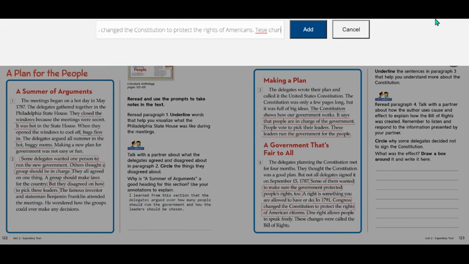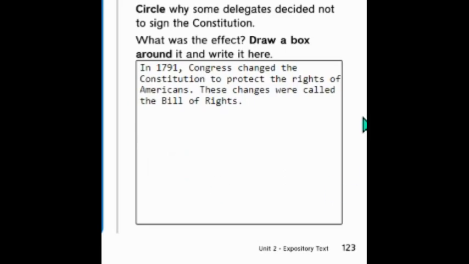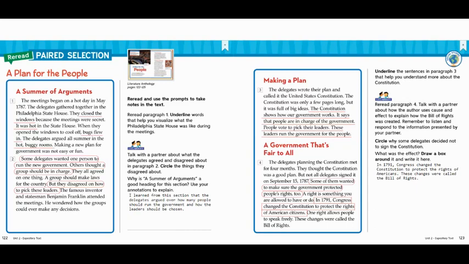These changes were called the Bill of Rights. Fix my typo here. Take a minute and write that into your notebooks.